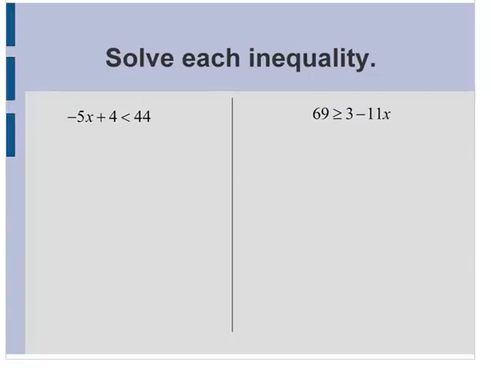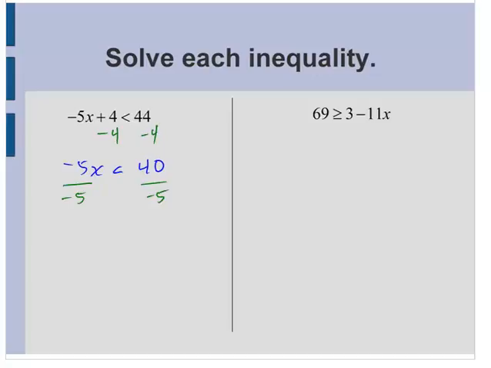Now, here we're asked to solve. We have negative 5x plus 4 is less than 44. As if we were solving an equation, the first thing I would do is subtract 4 from both sides. Now, I would divide both sides by negative 5 to isolate the x.